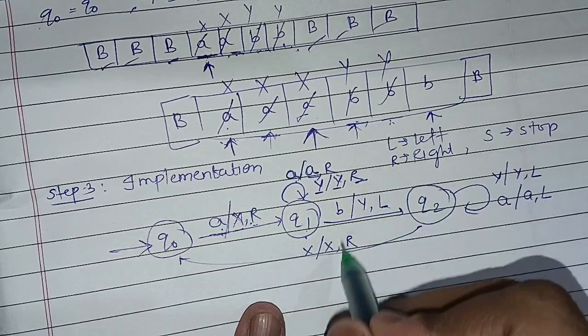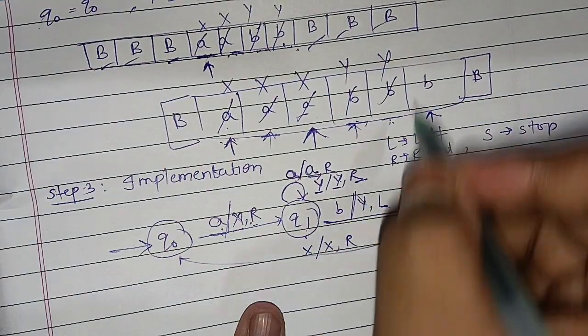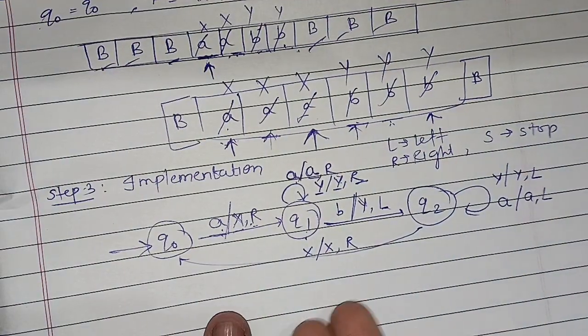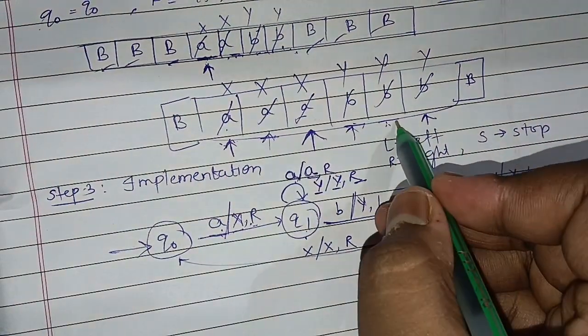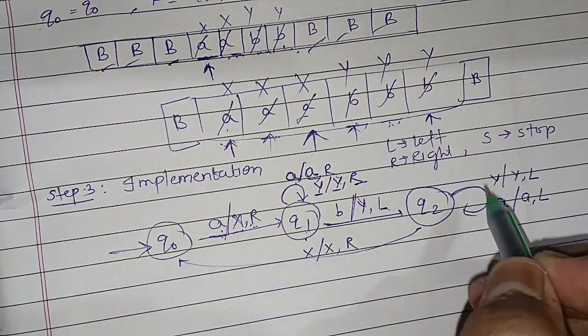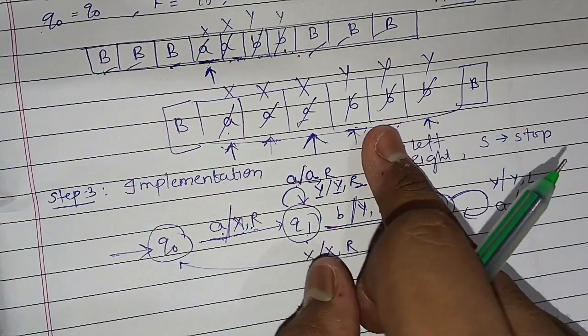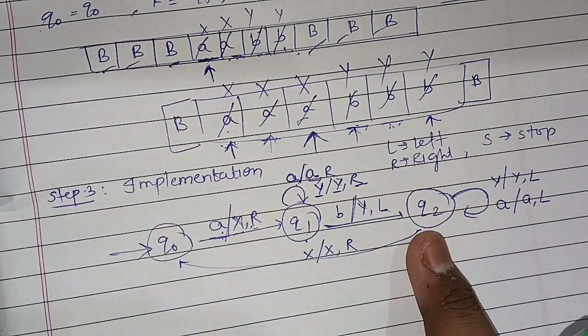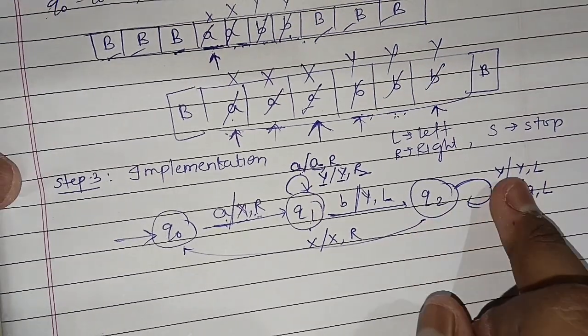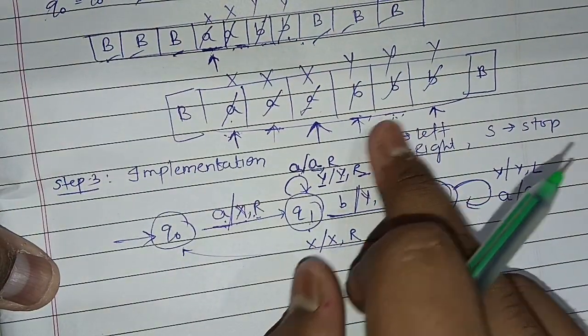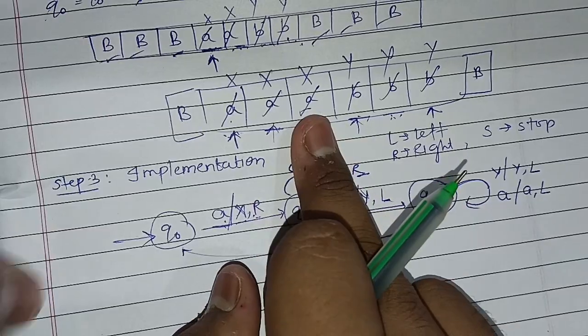Now see, it has got b, make it y and come to left. Now it has come left. Now in q2, this transition will again move the head here, and it will move the head here.